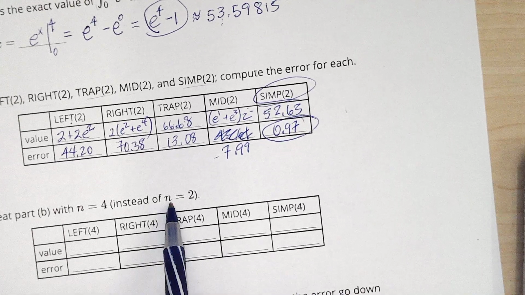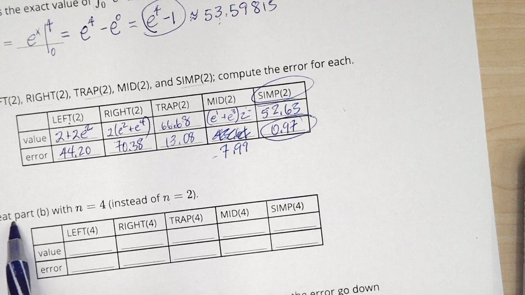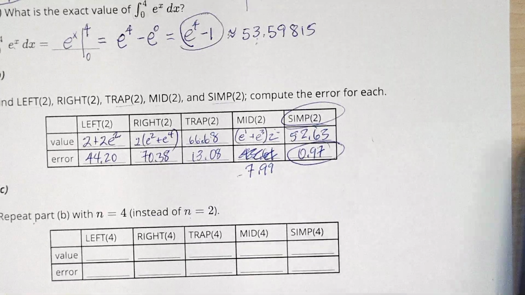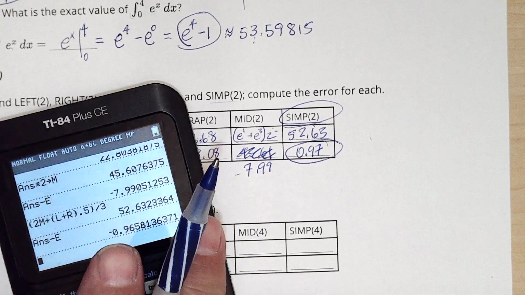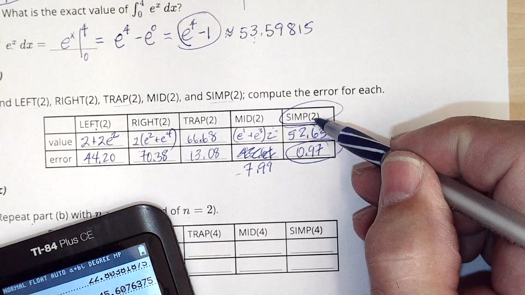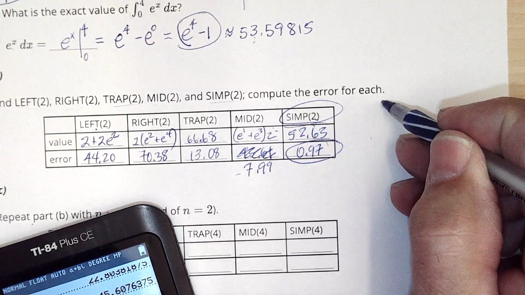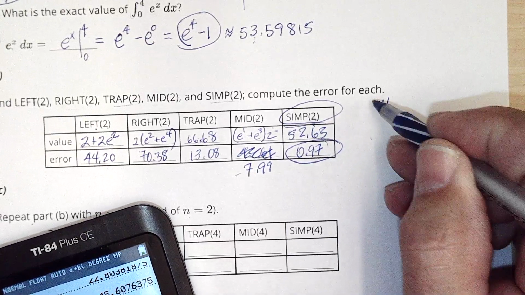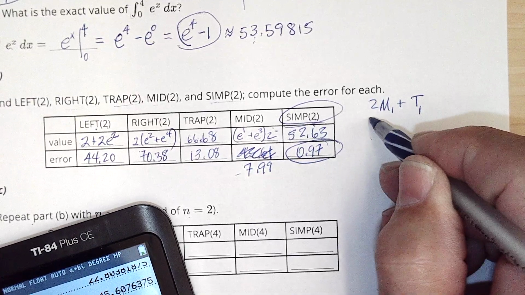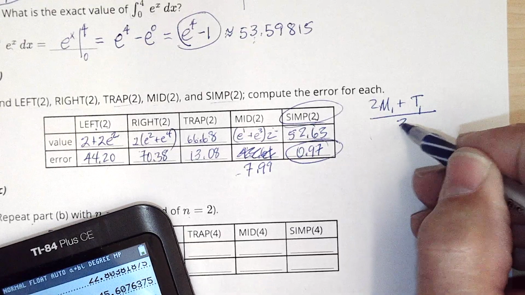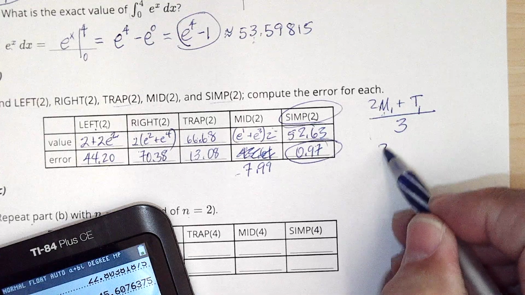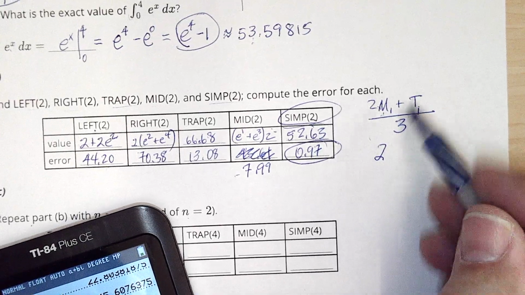Then it says, oh, that's not Simpson 2, sorry. It could be considered Simpson 2, but Simpson 2 is really supposed to be midpoint 1 plus trapezoid 1, 2 midpoint 1s over 3. So I didn't do midpoint 1. So 2 of midpoint 1.